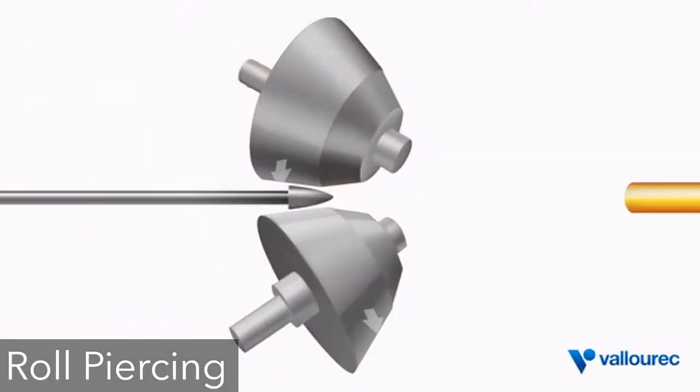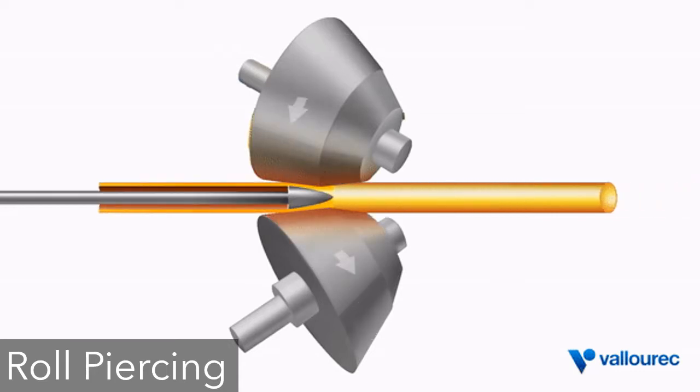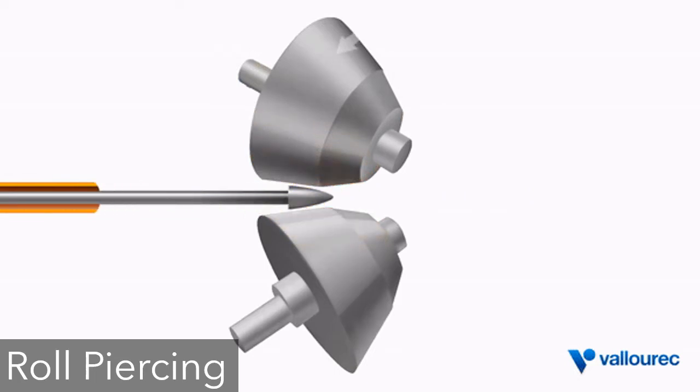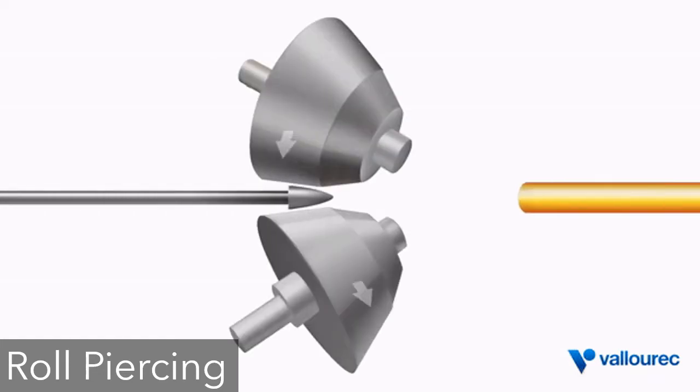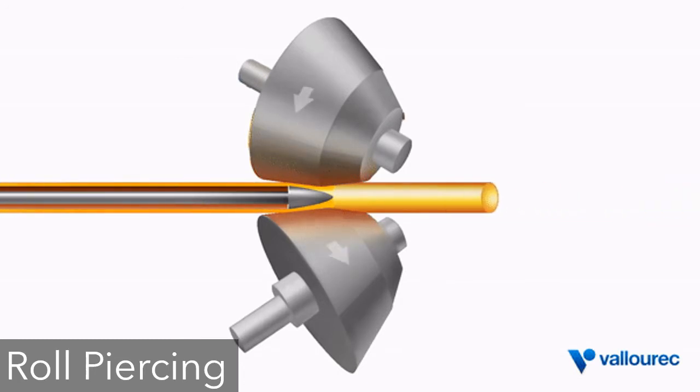Hot piercing includes rotary piercing to obtain the formed tube by pressing a pointed mandrel through the billet in a specifically designed rolling mill. The rotary piercing can be performed either on a 2-high rolling mill or on a 3-high rolling mill.